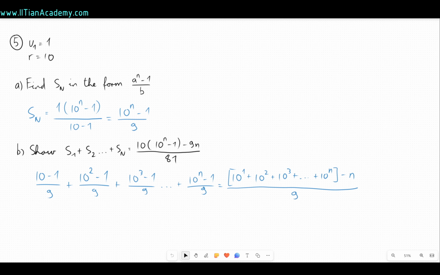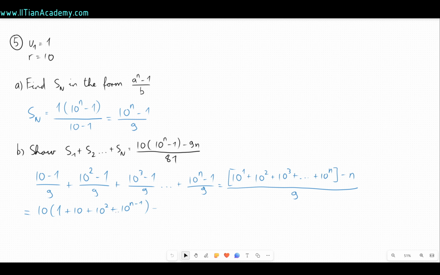And then from the top, we can factor out a 10. And then we will notice that something very familiar comes out. So if we factor out a 10, what we'll have on the top is 10 times (1 plus 10 plus 10 to the 2 plus ... plus 10 to the n minus 1).